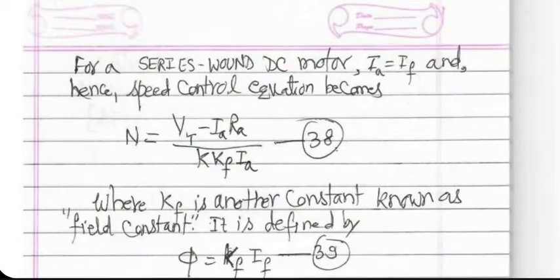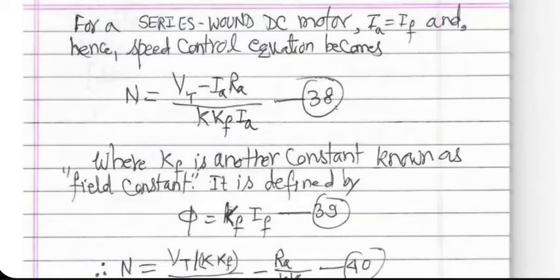Here IA is the same as IF. And the basic equation for speed control is this. We have already seen that. Instead of phi, I am putting some constant kf multiplied by IF, and IF is the same as IA. So the equation for speed control for a series motor becomes equation 38.